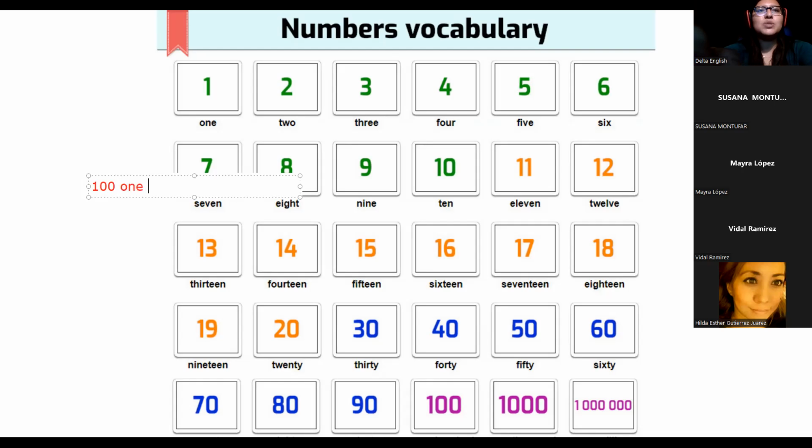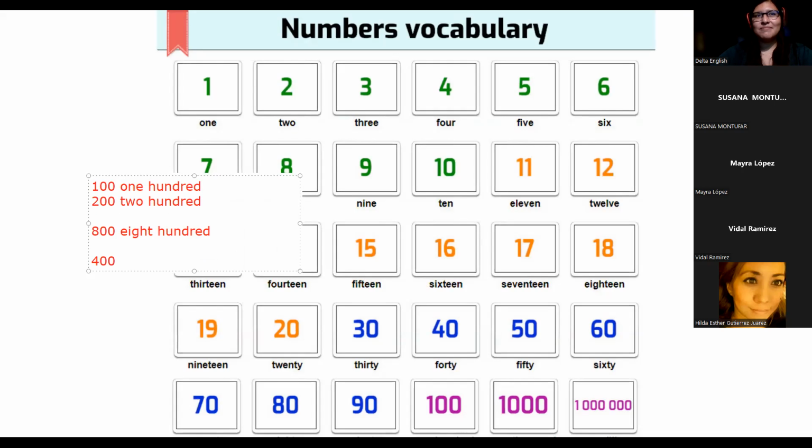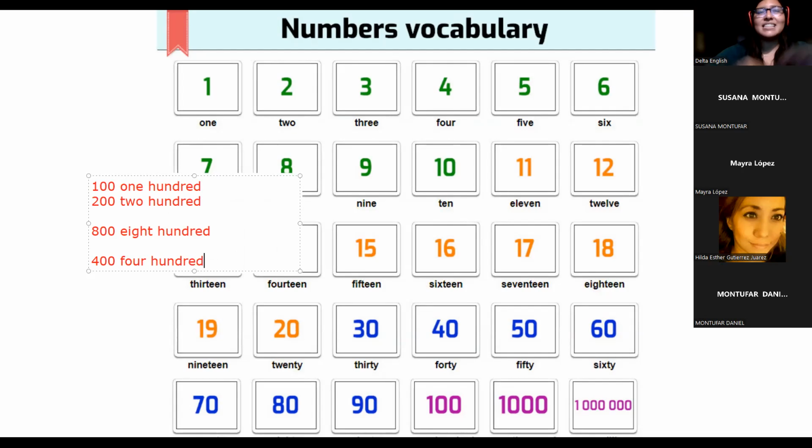So if this is 100 and this is 200, what do you think this is? 800. What do you think this is? 400. Y así nos vamos a seguir hasta llegar a 1000.